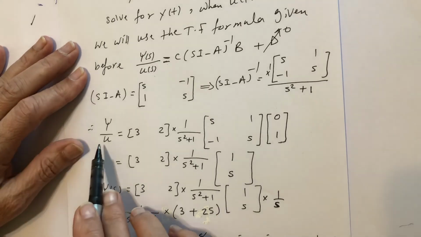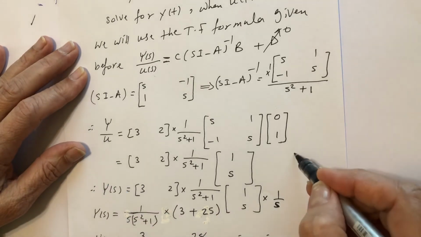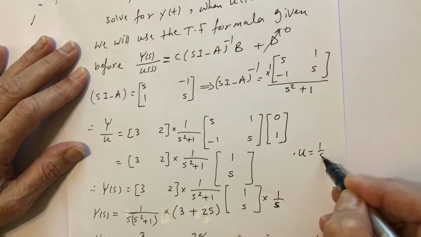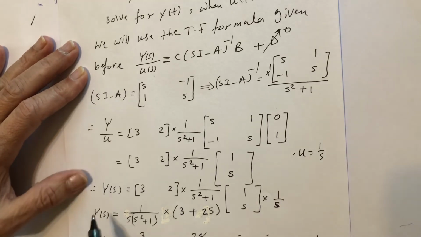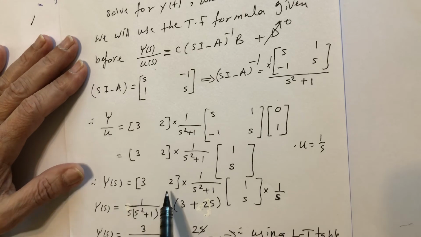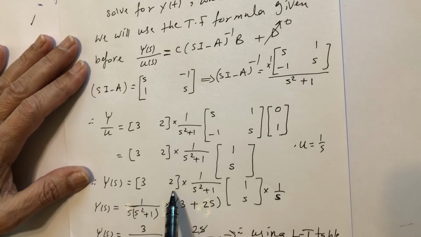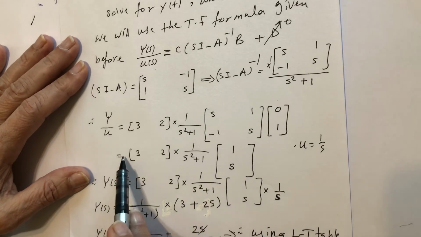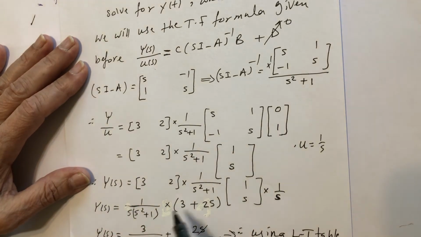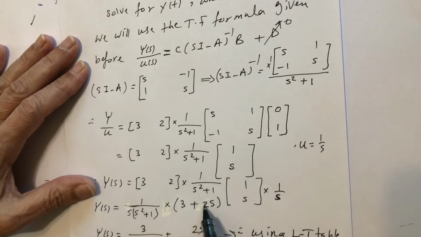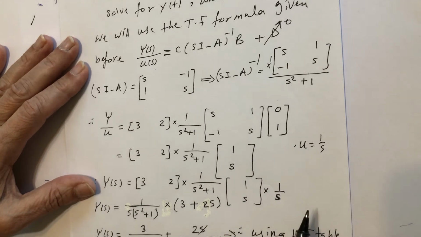Then y of s equals, now remember that U equals 1 over s, so I put 1 over s here. So y of s equals 3 2, I left it as it is. Of course, I can bring this here, it's okay because it's a scalar quantity. For 3 2 times 1 over s squared plus 1, and this one is the same, but I just put the step.